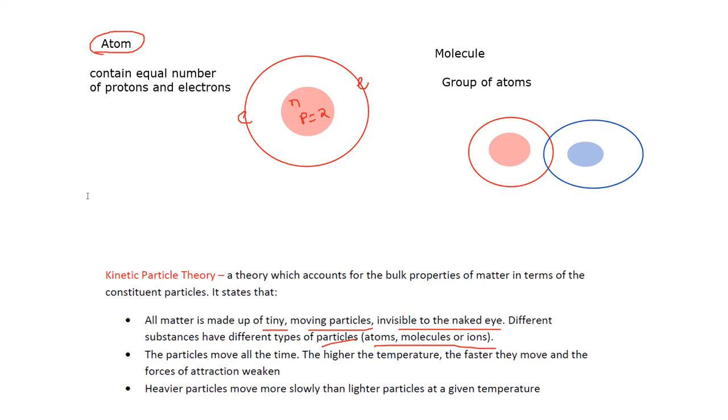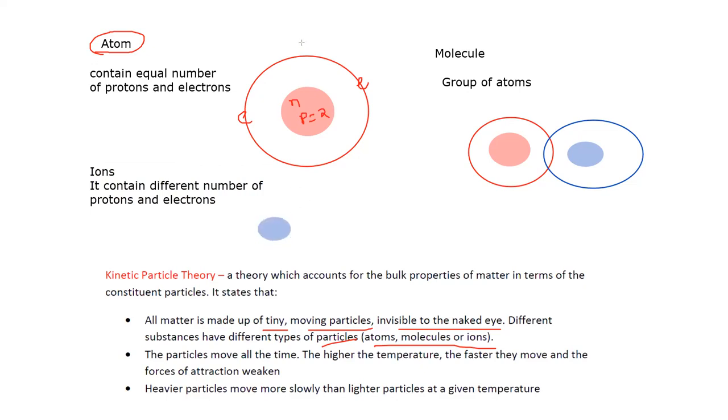And what about the ions? The term ion means it contains a different number of protons and electrons. So if we have a different number of protons and electrons, we call that an ion.